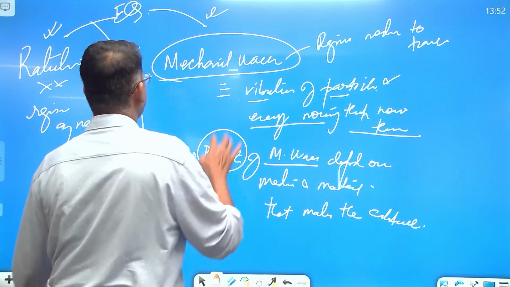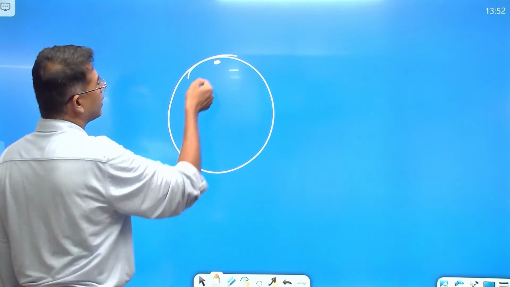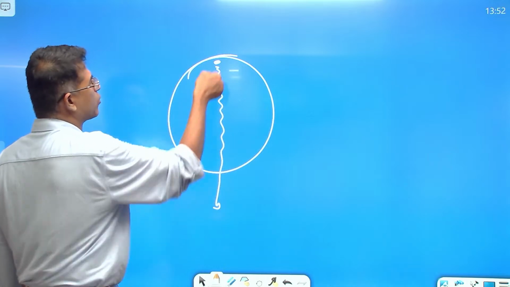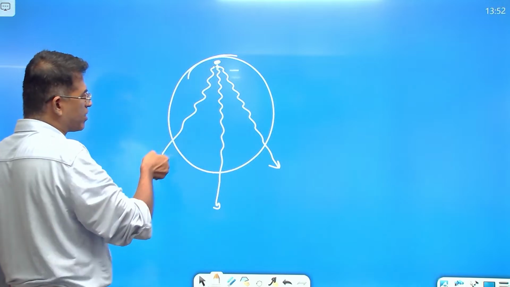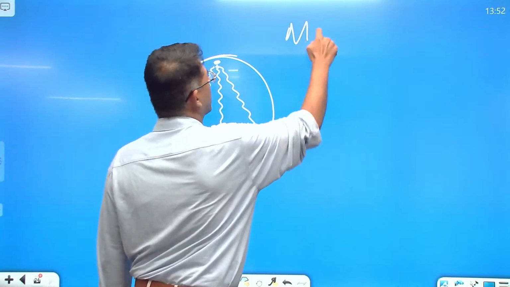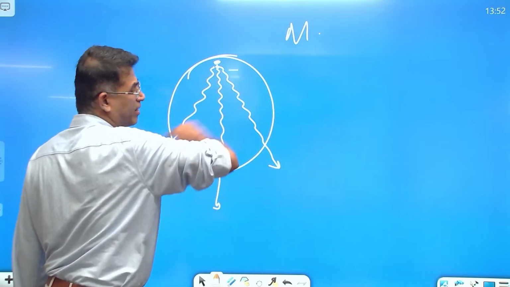So I have a body, say there is an earthquake here. From the earthquake, some energy is coming out. Energy is moving out here. Now, this energy, the mechanical one, will vibrate the body.